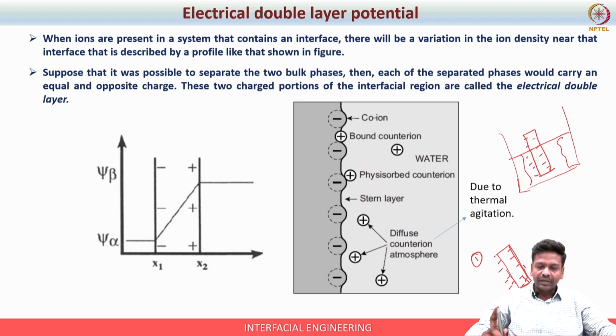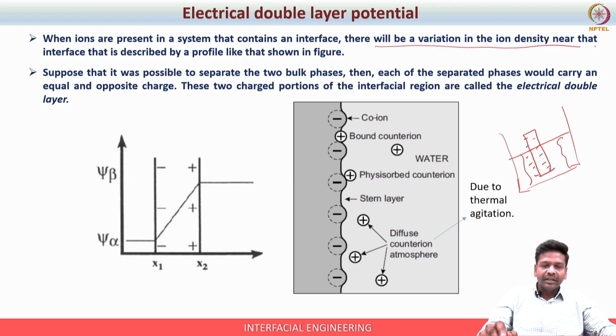Let's say you have a medium where you have two charged systems. Each will have an electrical double layer, and when both interact with each other, there will be electrical double layer interaction, right. So in a nutshell, electrical double layer means that when ions are present in the medium and suddenly a charged interface is introduced into the medium, there will be a variation in the ion density near the interface.